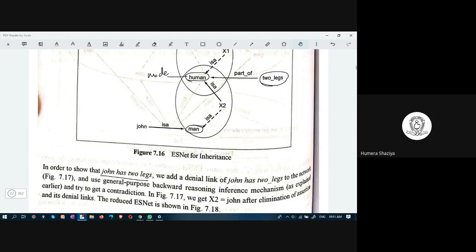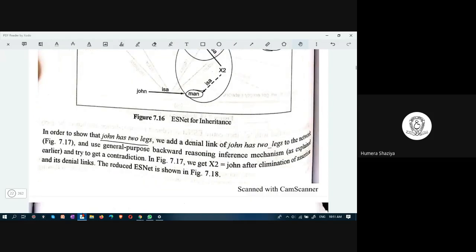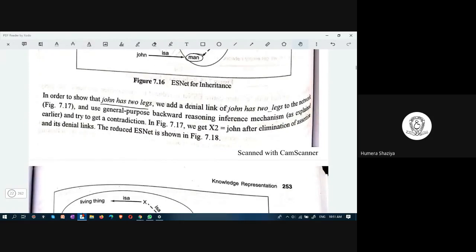How can we infer? Because John is a man and man is a human and human has two legs. To do so, there is a denial link. A denial link with this dashed line is added between John and two legs in the network.